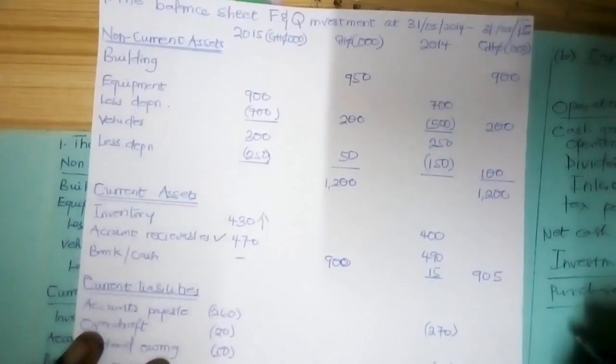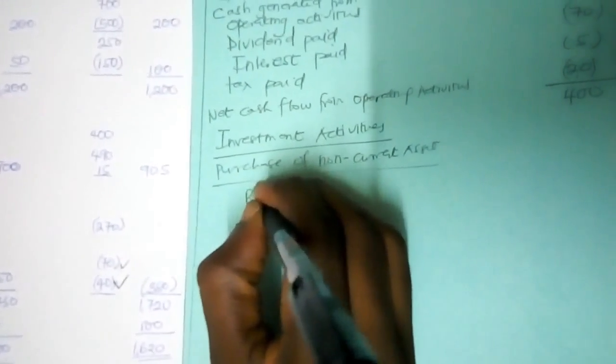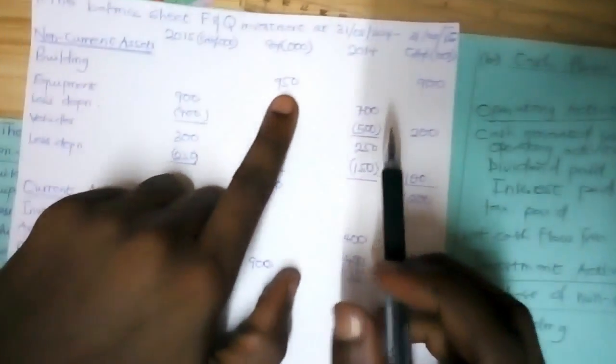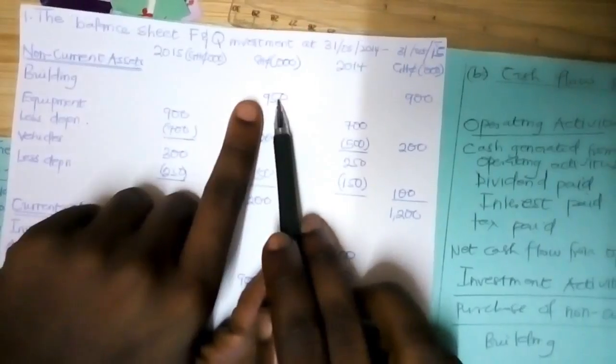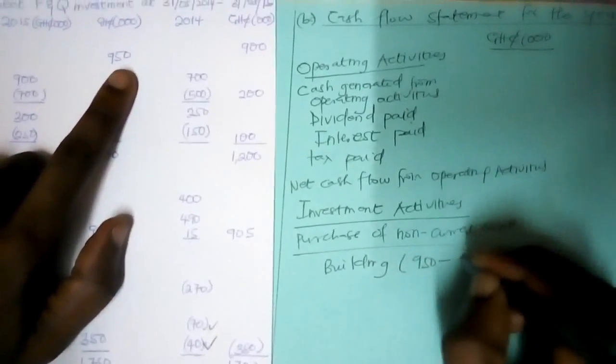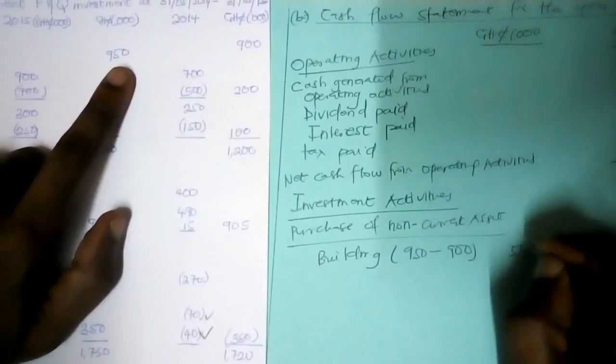So we go here to the non-current assets, that's an investment activity. The first thing that we have is what? Purchase of building. The building, we are going to find the difference between the current year and the previous year. So the difference is 950 minus 900, which will give us 50.